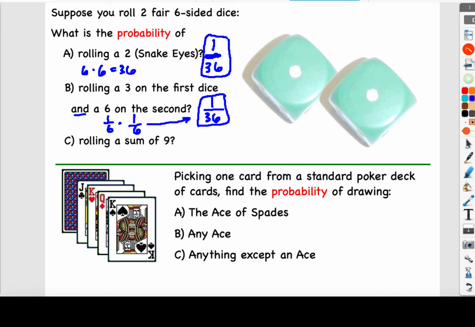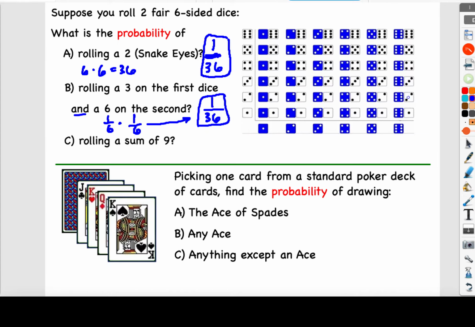Now, technically, that would be a sum of 9, but again, that's one of the ways in which to get a sum of 9. What's the probability of rolling a sum of 9? Well, now we need to consider what are all the ways to roll a 9, right? So we can, again, get a 6 and a 3, 3 on the first dice, 6 on the second dice. We could also have a 4 and a 5, a 5 and a 4, which technically, again, the dice are different.